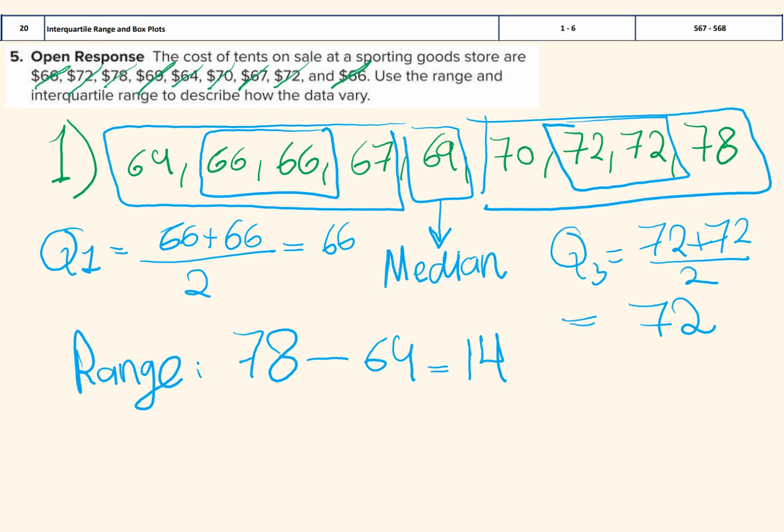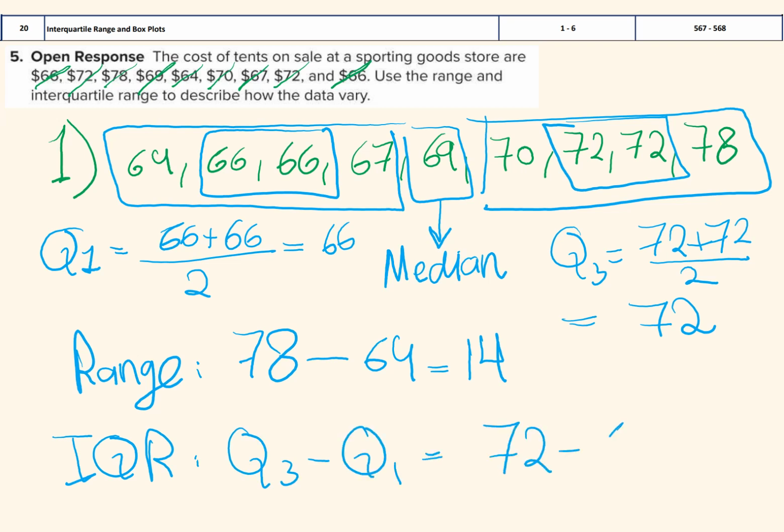Then the interquartile range, or IQR, is Q3 minus Q1. So 72 minus 66. The answer is going to be 6. So this is how to find the range and IQR.